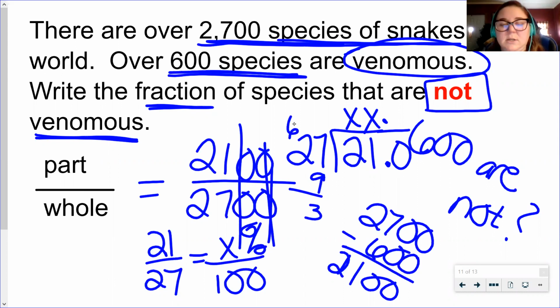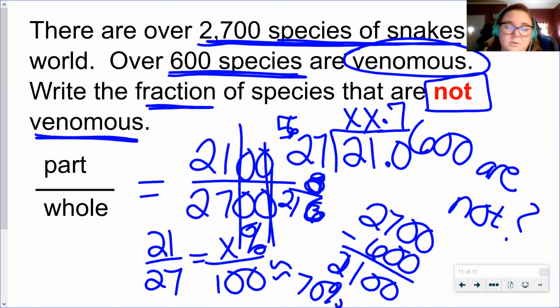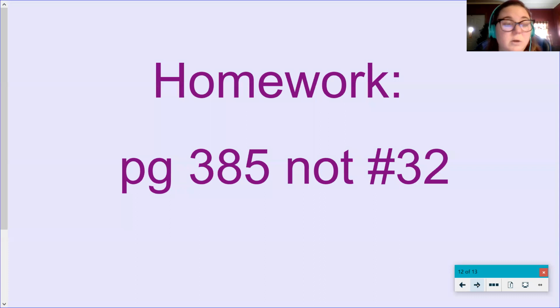Let's see, 18 plus 6 is 24, too much. 80% range, 16, 16 plus 5 is 21. We're in the 70% range. So this would be about 70%. Still not bad. But better than it being the other way around.